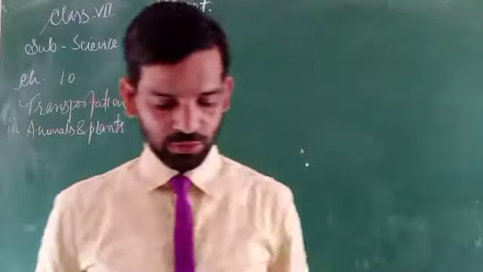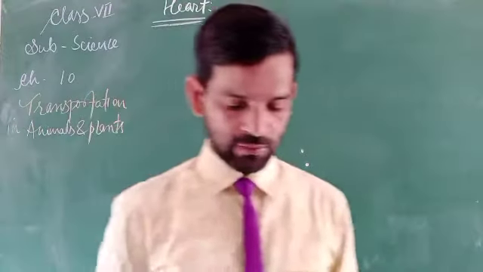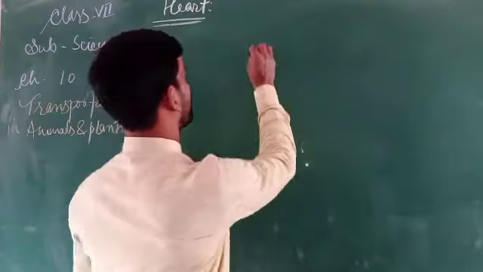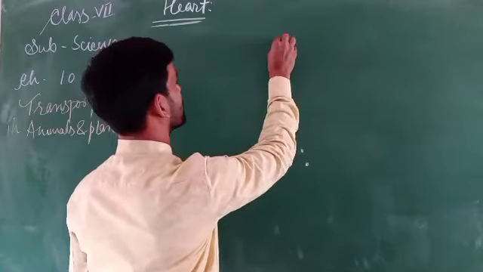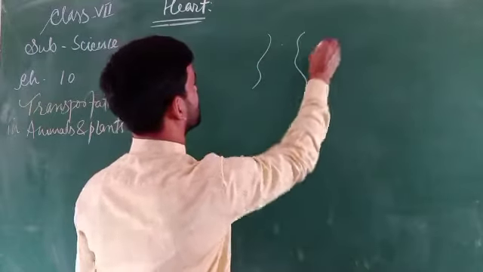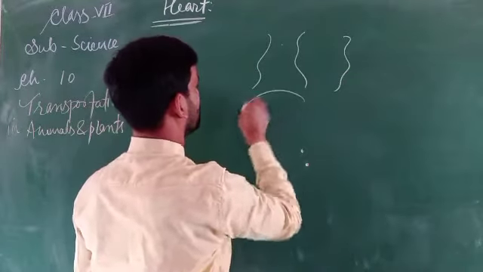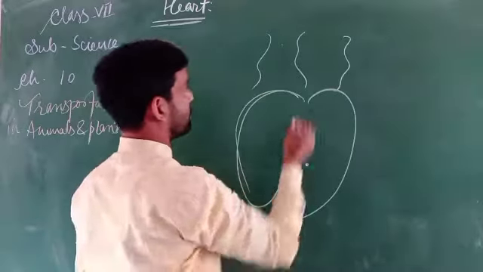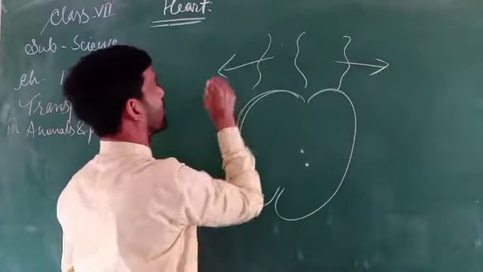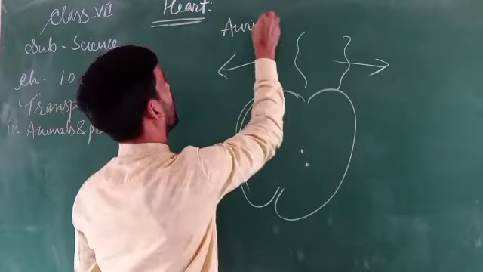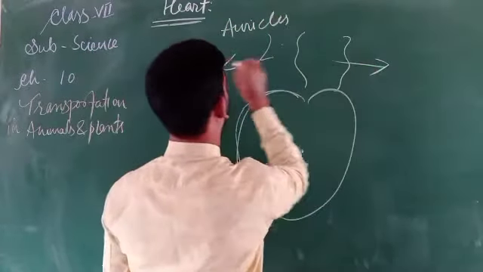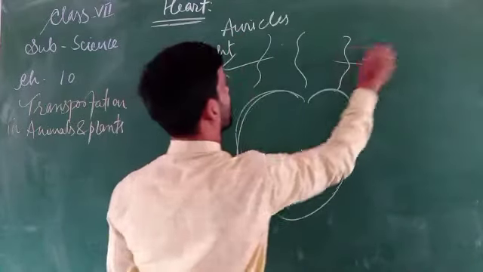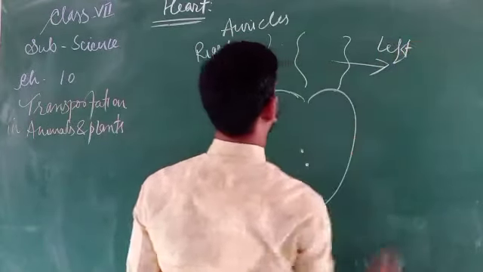Here we know that the two chambers with a thinner wall are called auricles. These are the two chambers through which the blood can go. These are the auricles, that one is right and that one is left.